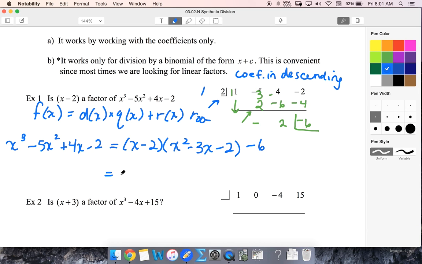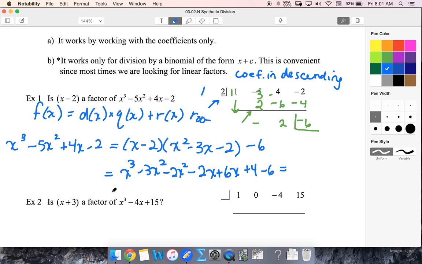So x times x squared, x cubed, x times -3x, -3x squared, x times -2, I'm going to leave a little space, -2x, because now -2 times x squared, -2x squared, -2 times -3x, positive 6x, -2 times -2, positive 4, and then I still have my minus 6 over here.